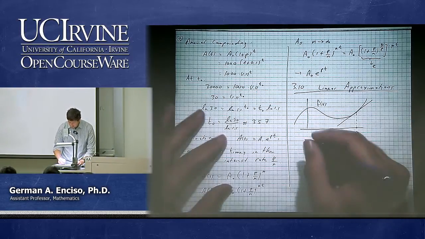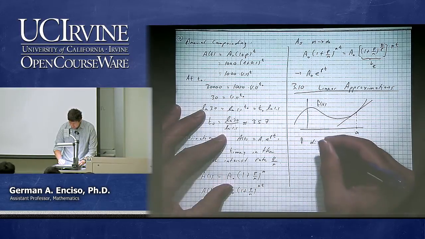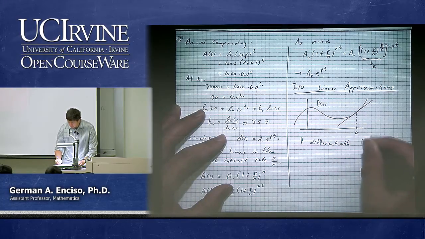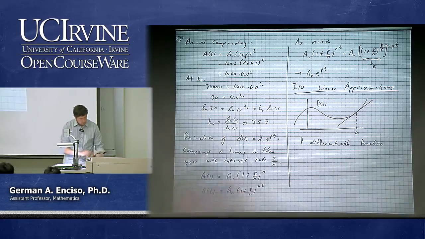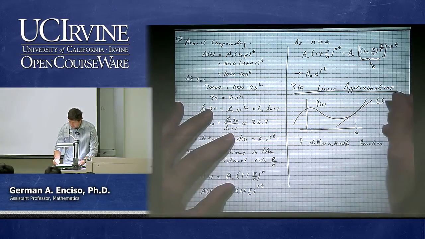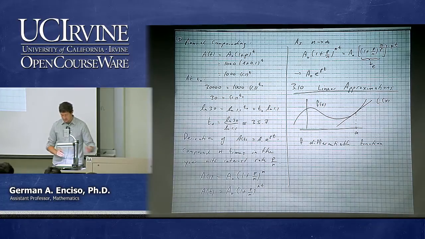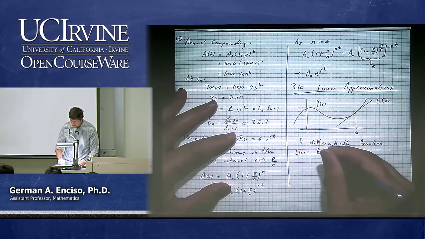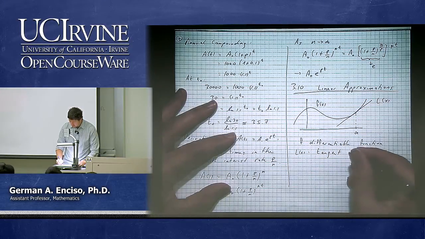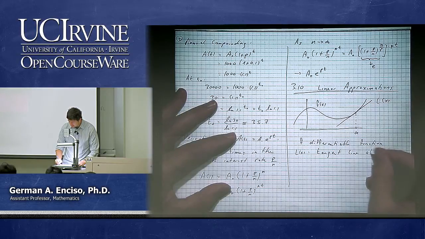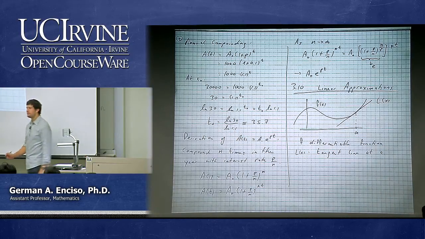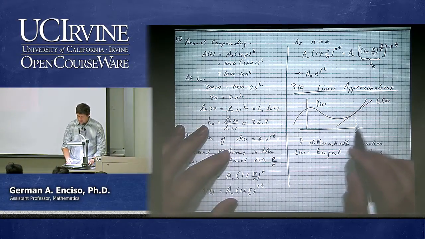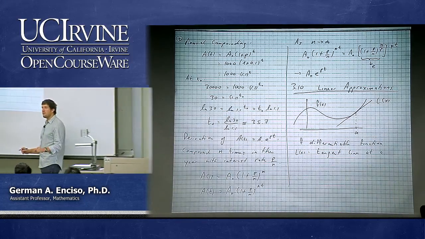So we're going to start with a differentiable function f. This function, we're going to give it a name: we're going to call it L of x, the tangent line at the point A. Now, as you all know, the y-axis is the value of the function at the point.